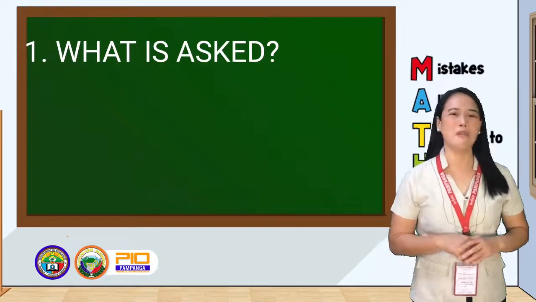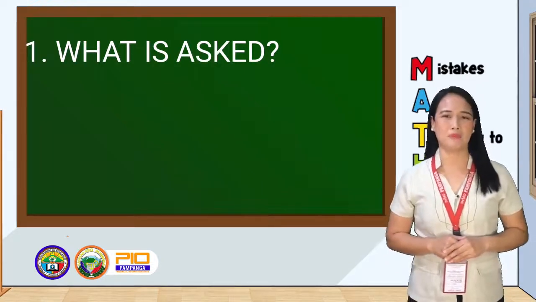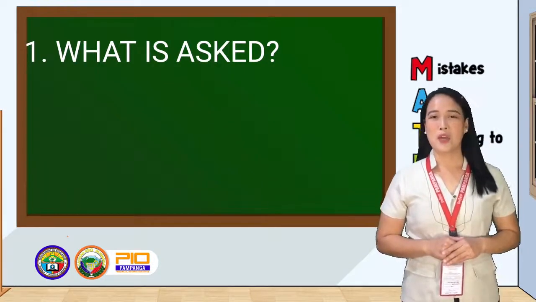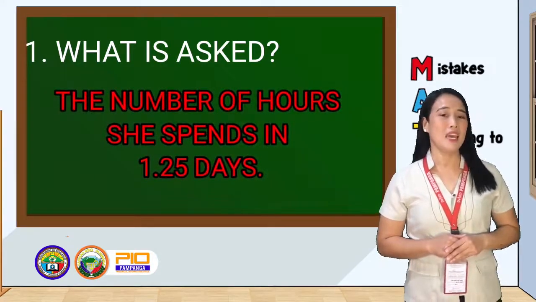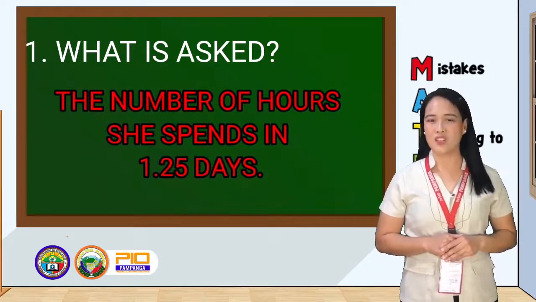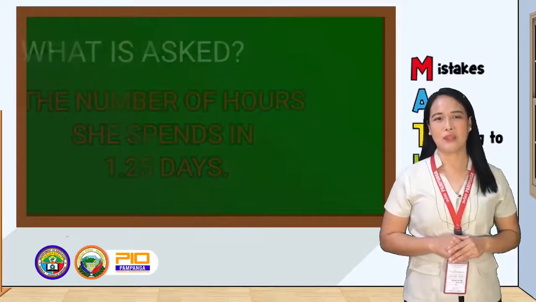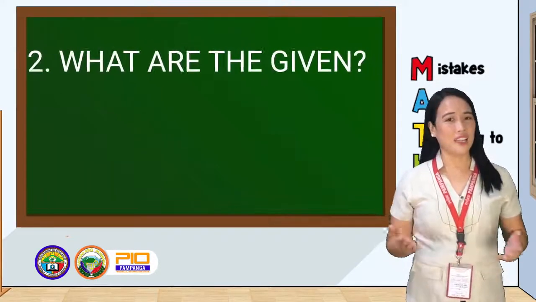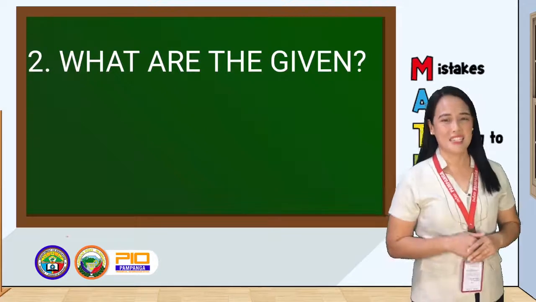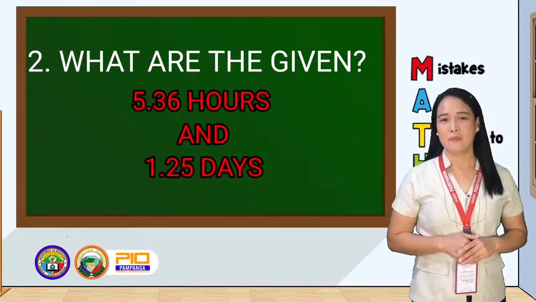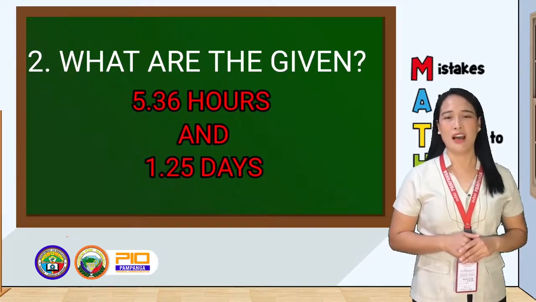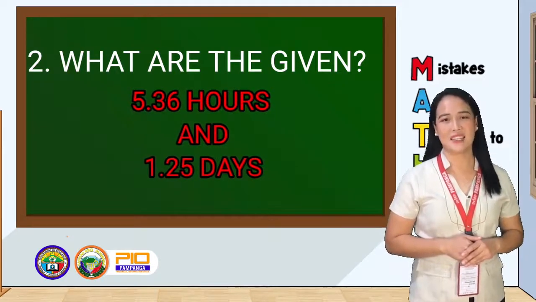What do you think is being asked in the given problem? Yes, we are finding the number of hours that she spent in 1 and 2,500 days. What are the given? Yes, 5 and 3,600 hours and 1 and 2,500 days.